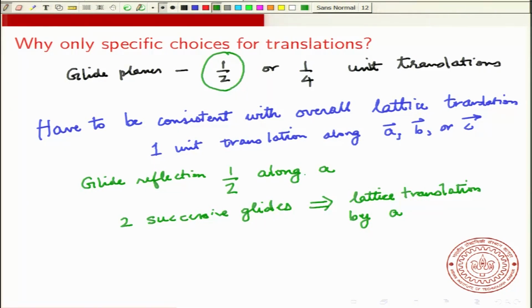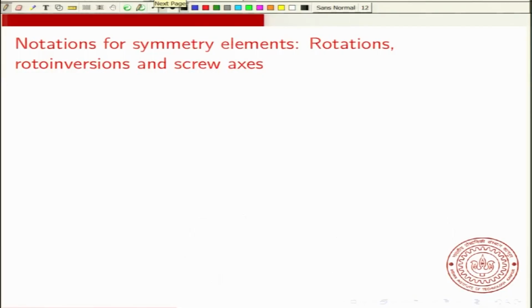Okay, so these are some of the reasons. These are not very easy to see, to exactly work out, but at least you can see why you only use specific choices for these translations. Now let us look at the notations for different symmetry elements, and these are notations that are usually shown on the planar diagrams.